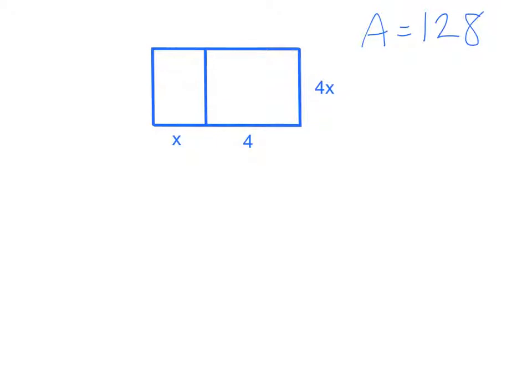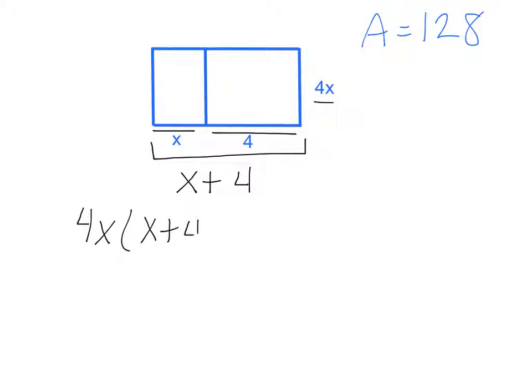Now this last one, on your notes, I have the area equals 128. So we need to find the area. This shape is a rectangle, so we have length times width. Our length, we are going to have x here and 4 here, so our total length is x plus 4. And over here we just have a 4x. So if it's length times width, we have 4x times x plus 4. And your area, like I said on your sheet, is going to be 128, so it equals 128.